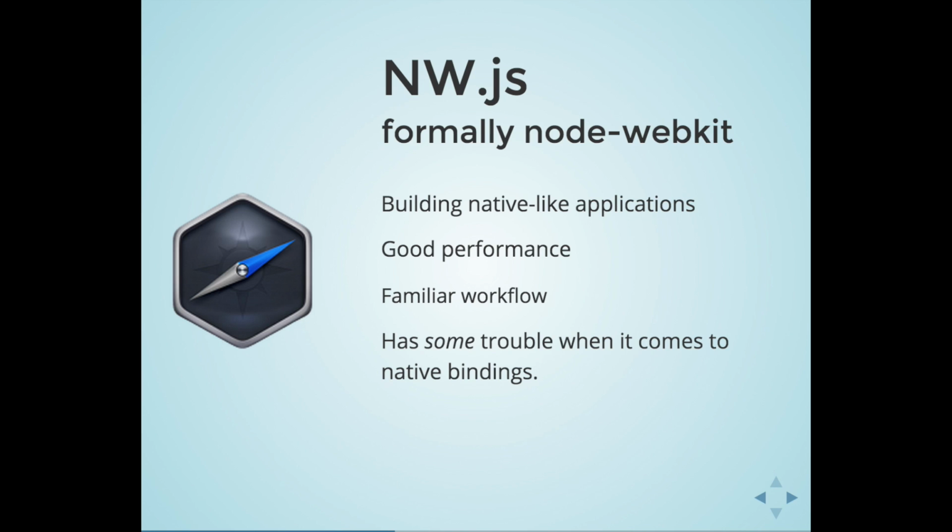But it has some trouble when it comes to native bindings, as I found out trying to access hardware and bits. It monkey patches Node.js a bit, and it means that stuff needs recompiling with their version of it, and it's all a bit, yeah. But it does compile your applications down to OS X, Windows, or Linux.